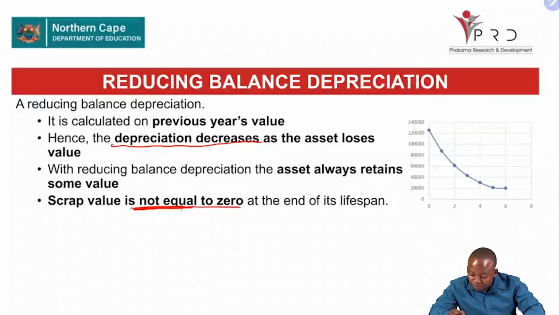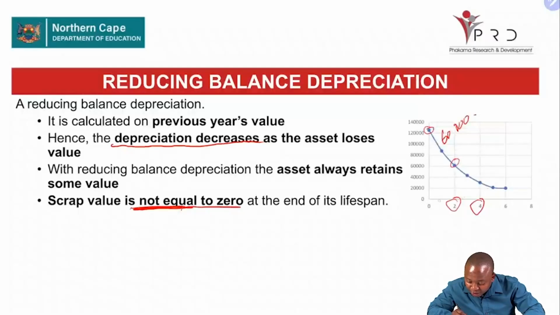As you can see, from year 0 to year 2, we can say it depreciated from 120,000 to 60,000. So that is a difference of 60,000 there. And we check from year 2 to year 4. We went from 60,000 to, let's say, 25,000.